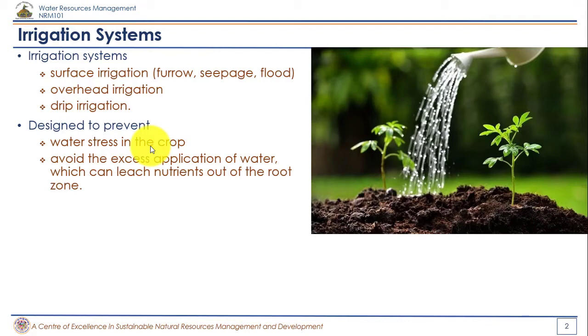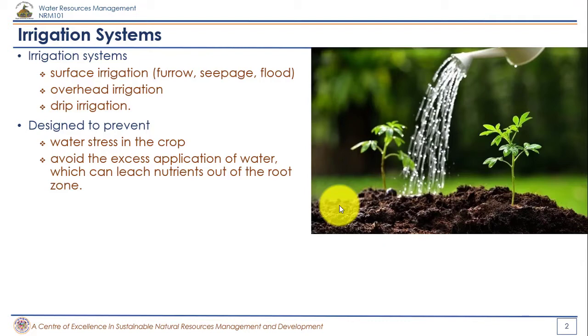Second one is that we want to avoid excessive application of water, because like we saw, it's going to lead towards nutrient leaching, as well as a deficit condition of oxygen, and it may cause different diseases and lead to decay of the root.